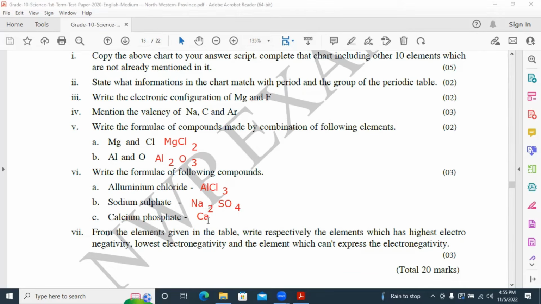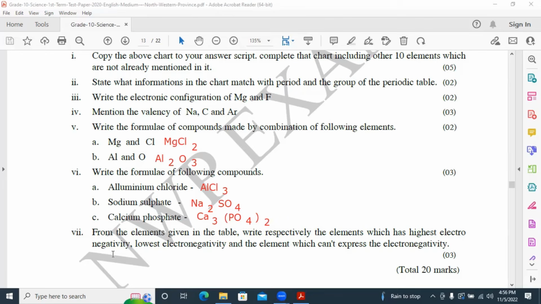So the number 3 comes next to the calcium and the number 2 goes to the whole phosphate polyatomic ion. PO4 is the phosphate. Valency number 2 comes to the phosphate.